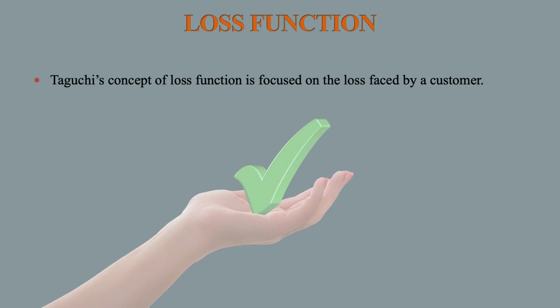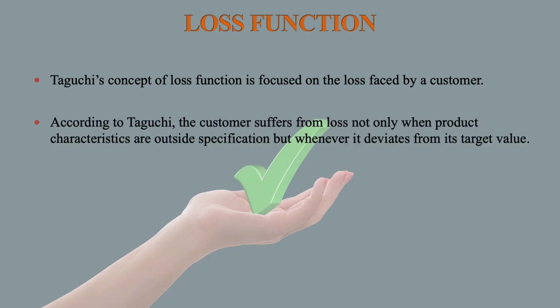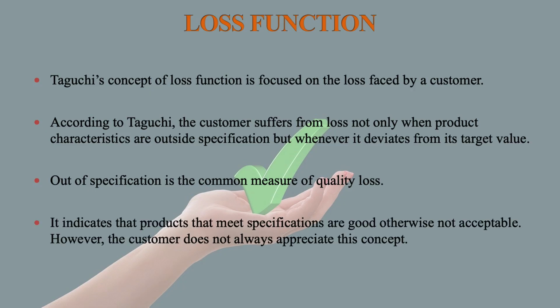Taguchi loss function. Taguchi's concept of loss function is focused on the loss faced by the customers. According to Taguchi, the customer suffers a loss not only when product characteristics are outside specification, but whenever it deviates from its target value. Out of specification is the common measure of quality loss. It indicates that products that meet specifications are good, otherwise not acceptable.